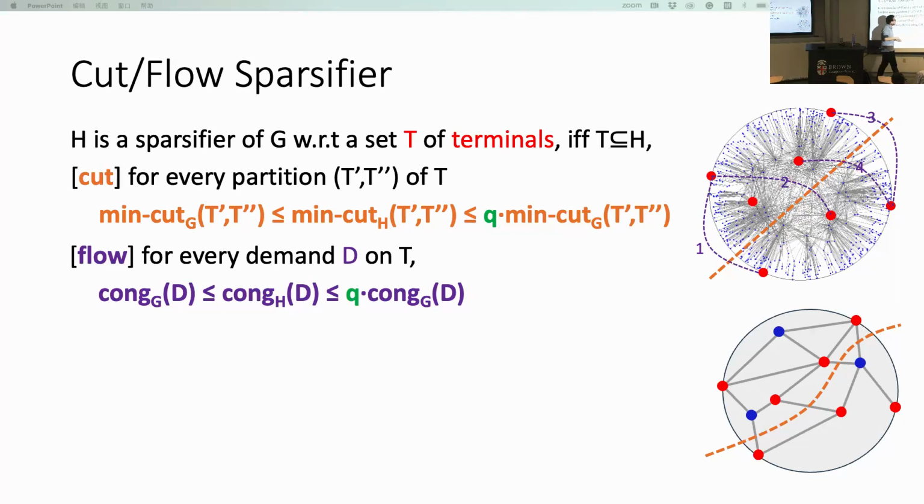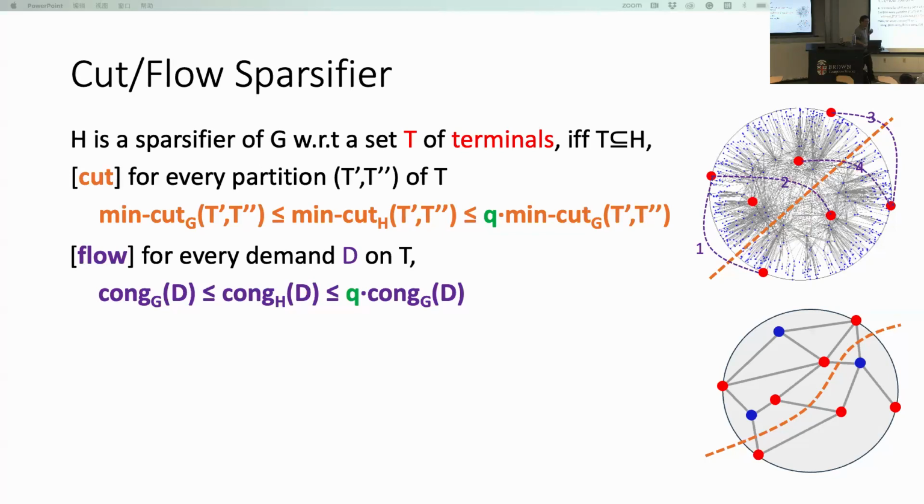So it can be large. The larger the capacities are, the smaller the congestion is. So 0.1 requires you to inflate 10 times, but if the capacity is 10, the congestion is 0.1. So it's really measuring how well you can route this demand. It can be large or small, but we want it to be preserved between the original graph and our sparsifier. So that's what a flow sparsifier is.